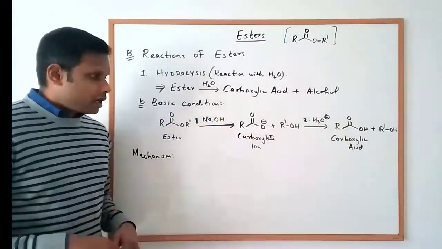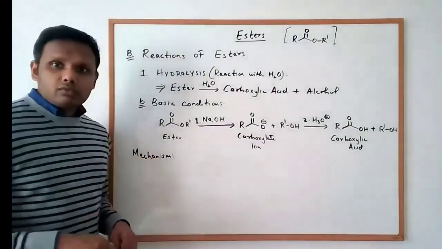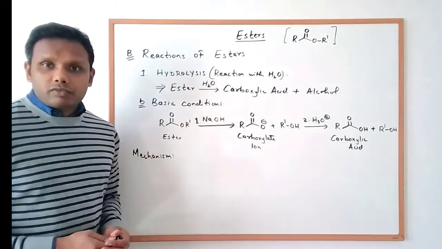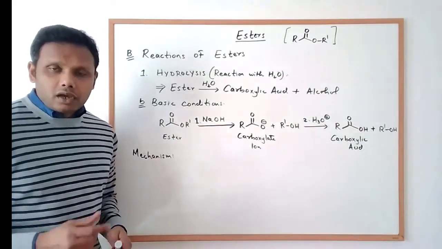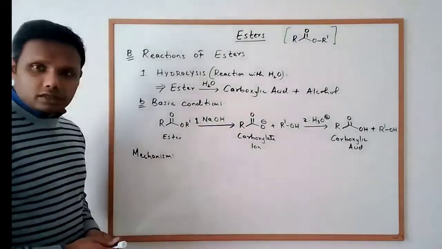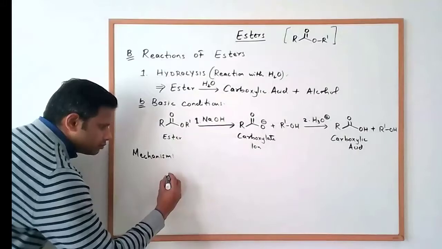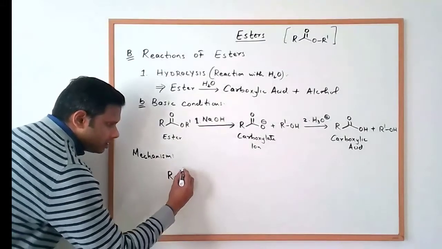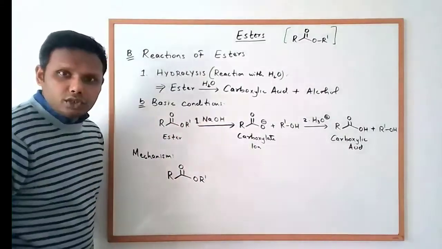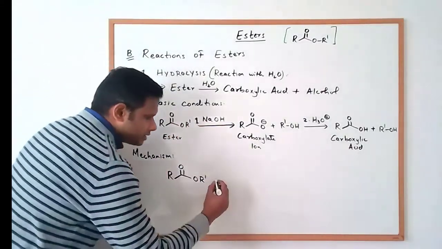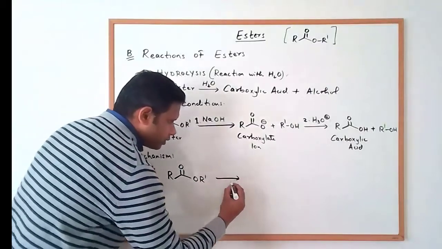Now, since this is a reaction that's going on under basic conditions, the mechanism would resemble the reactions of carboxylic acid derivatives under nucleophilic or basic conditions. So let's work on the mechanism here. So the mechanism starts out with the attack by the nucleophile on the acyl carbon. So there is no protonation here. There is no initial protonation.